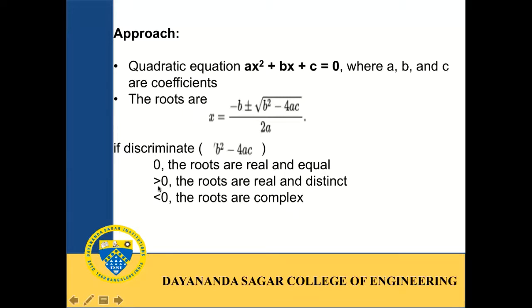Suppose the discriminant value is positive, that is greater than 0, then the roots will be real and distinct. Otherwise, if the discriminant is negative, that is less than 0, then the type of roots that we get will be complex. So that is why we need to calculate the discriminant to decide what type of roots we will be getting.